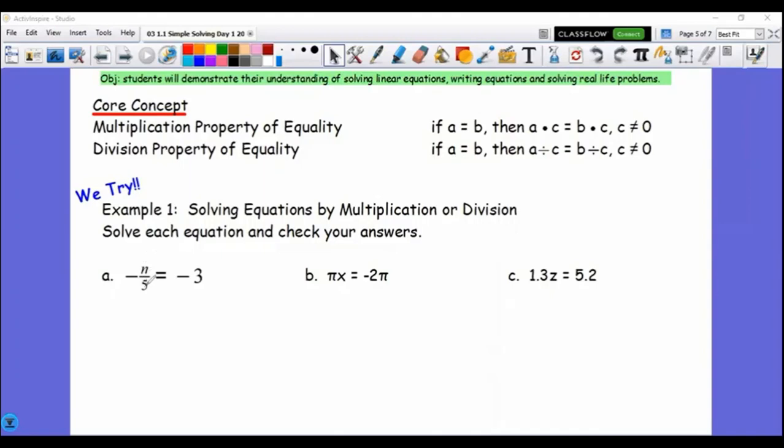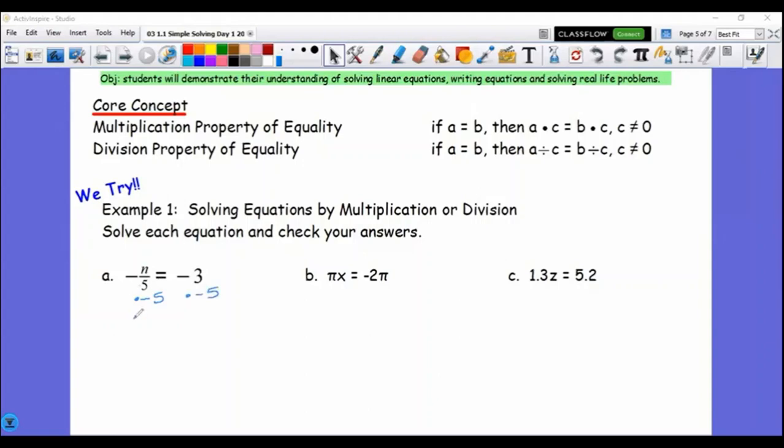Well, this 5 in the denominator means that I'm dividing the variable n by 5. So the opposite of division is multiplication. Now I also have this negative value. I want to address that at the same time. So instead of just multiplying by 5, I'm going to multiply both sides of this equation by negative 5.